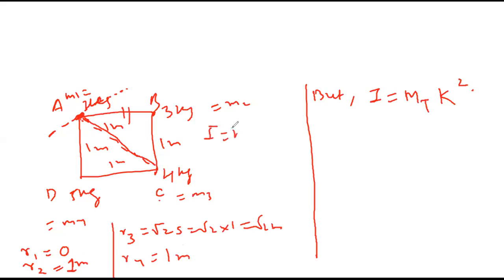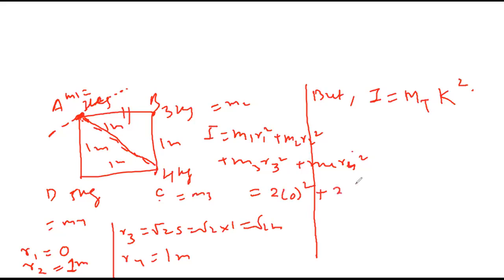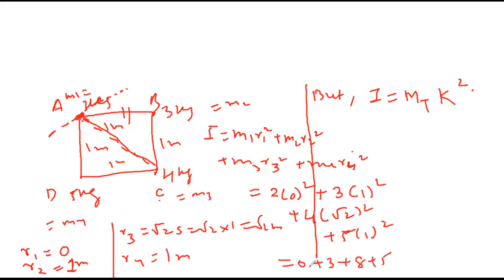So I is m1 r1 square plus m2 r2 square plus m3 r3 square plus m4 r4 square. m1 is 2, distance is 0. m2 is 3, distance is 1. m3 is 4, distance is root 2. m4 is 5, distance is 1 squared. So 2 into 0 is 0, plus 3, root 2 squared is 2, 2 into 4 is 8, plus 5: 8 plus 5 is 13, and 3 is 16.